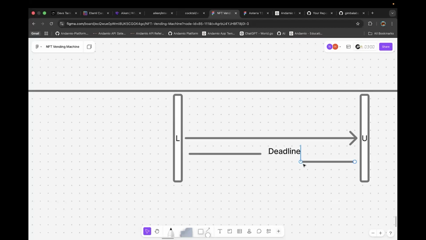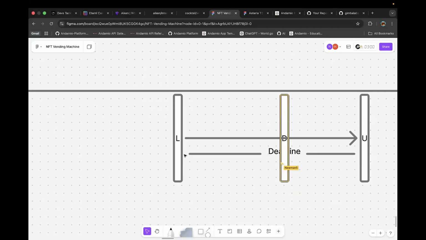I think he's working with these two intervals. So if our transaction exists here, then one condition is activated. But if our transaction exists here, then another condition is activated.